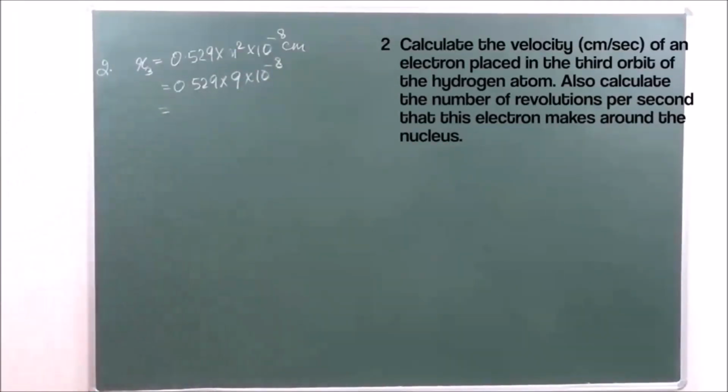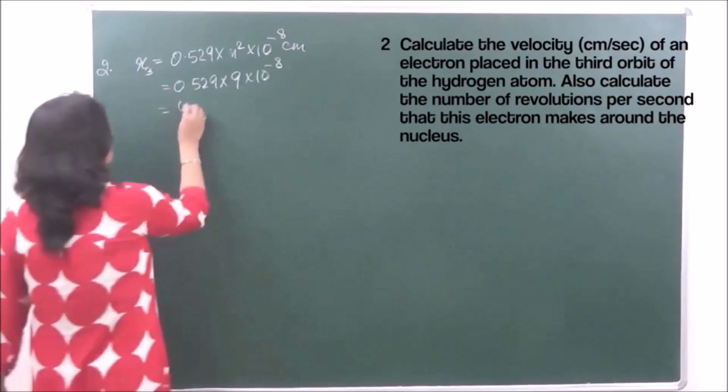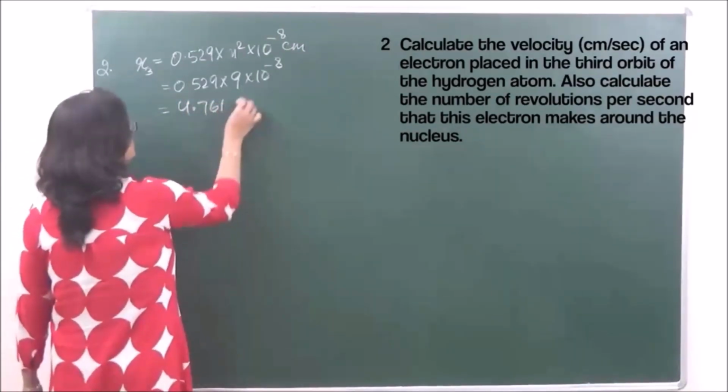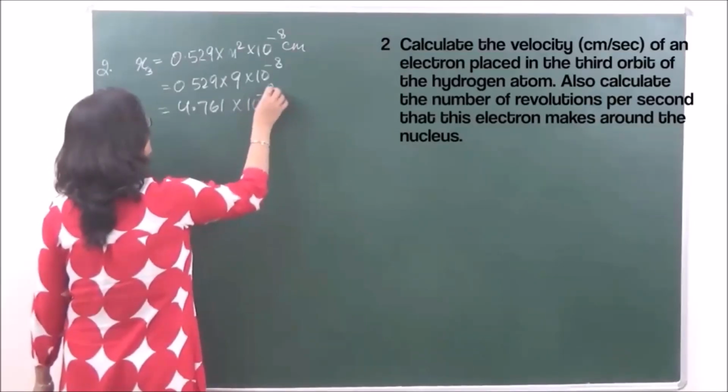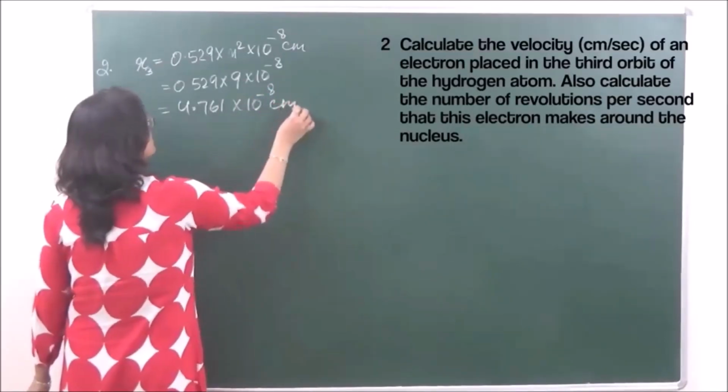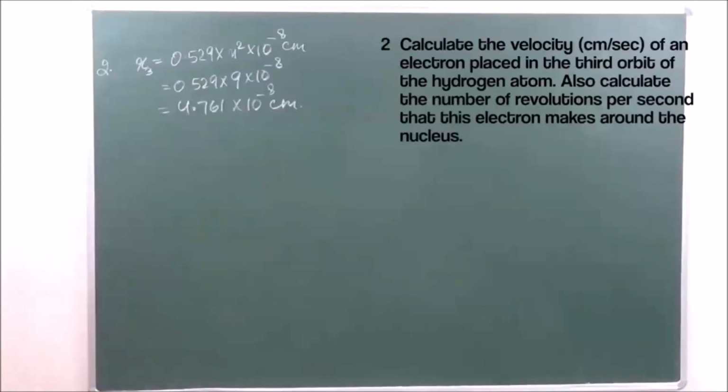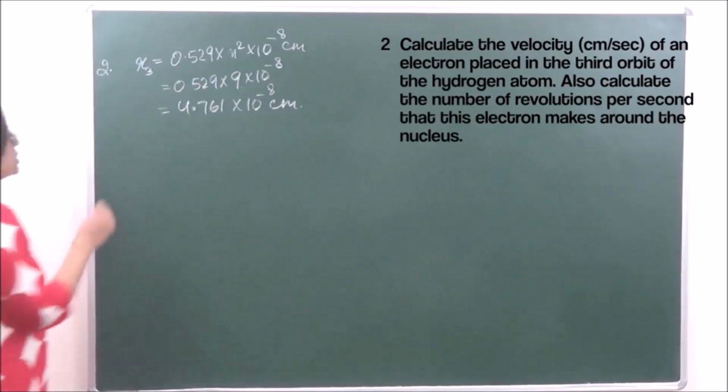Right? So this when calculated, it comes to 4.761 into 10 raised to power minus 8 centimeter. Okay? This is R. Then after that, we will now calculate the velocity.